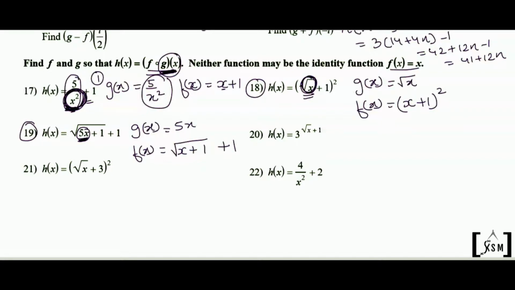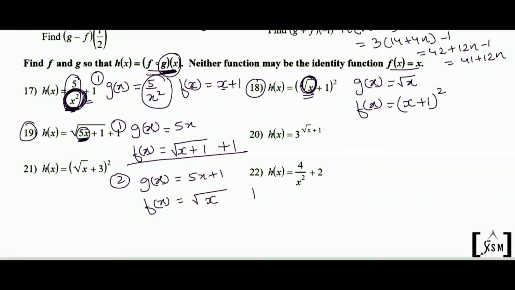Another set of answers could also be, for the same question 19, you could have supposed g(x) as 5x plus 1, and so your f(x) would be square root of x, because 5x plus 1 you supposed as g(x), and plus 1. This could be another set of answers.